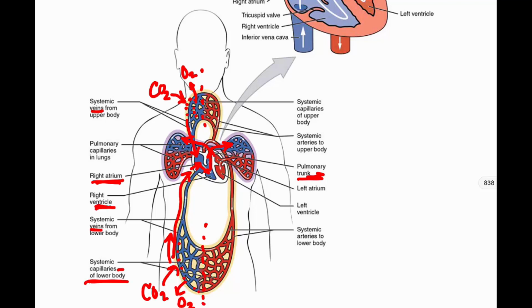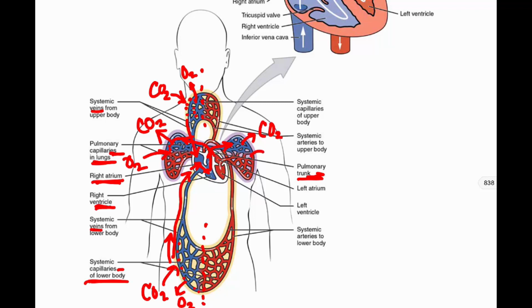We're bringing our deoxygenated blood into the lungs. We have our pulmonary capillaries, so the blood is getting into these small vessels, and as it's in the small vessels, we're going to be doing this exchange. So now we're dropping off our carbon dioxide and picking up our oxygen in both lungs.